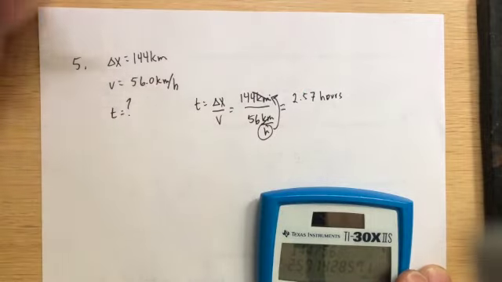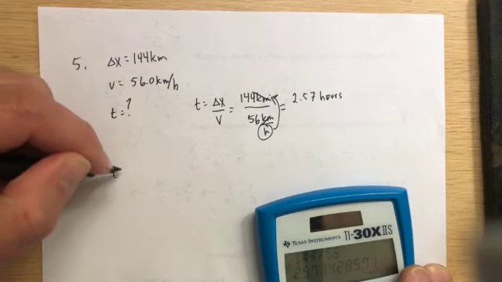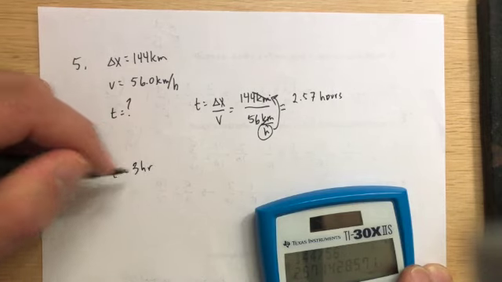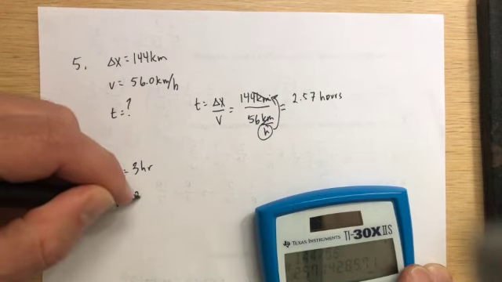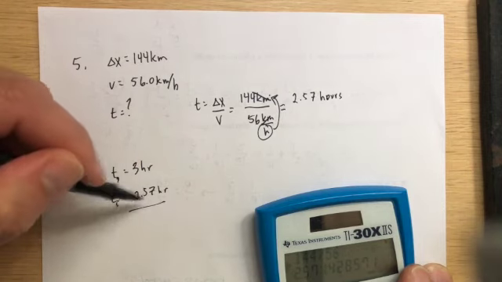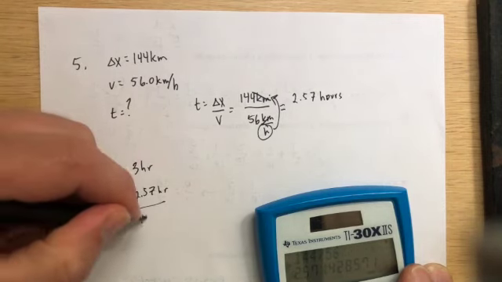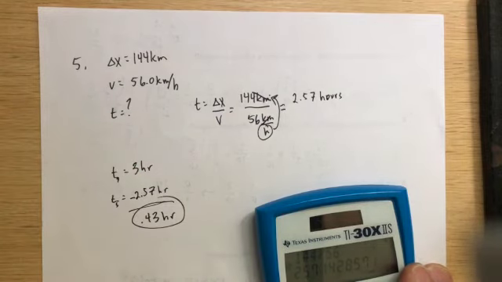Okay, so that's how much time it takes now. So the question was, how much less time is that than we had in number 4? Number 4, the time was 3 hours. Okay, that was in number 4. In number 5, it's 2.57. So what's the difference? Well, 3 minus 2.57 is 0.43 hours. So that's the answer for number 5.